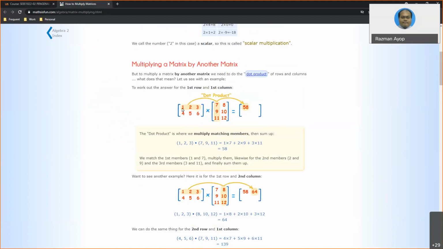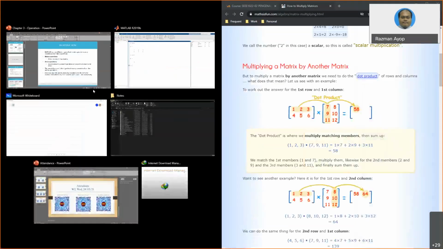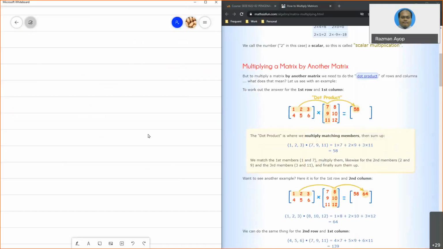Remember that when you want to do this, you have to make sure that the matrices are compatible.